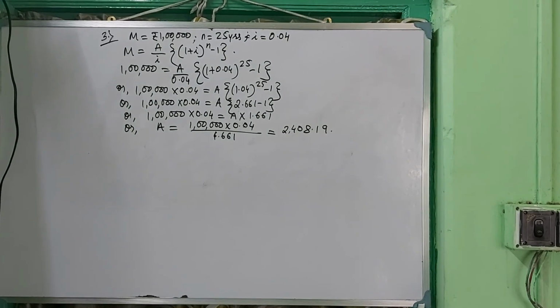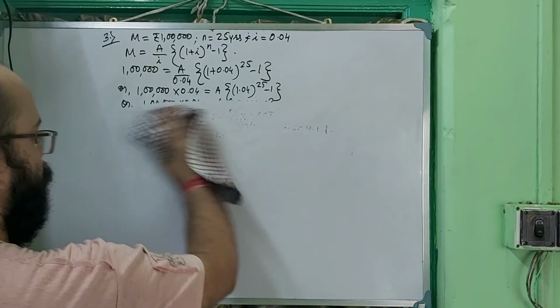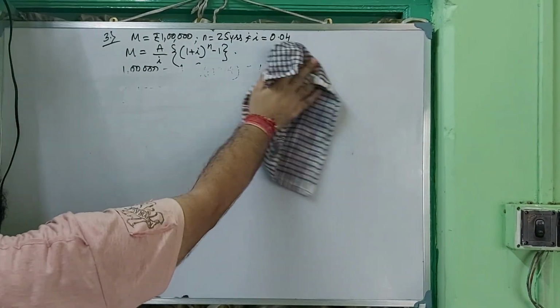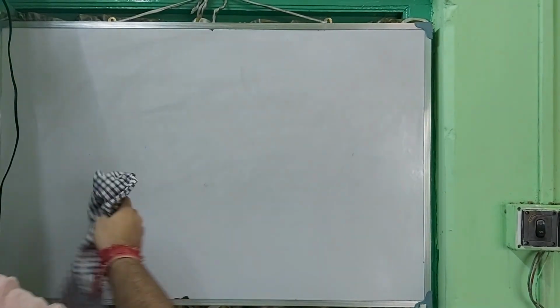See, the cost of the machine is rupees 1 lakh. The scrap value is rupees 5,000. So basically, the present value of the machinery remains rupees 95,000, which will be required after 12 years to buy a new machine, right?